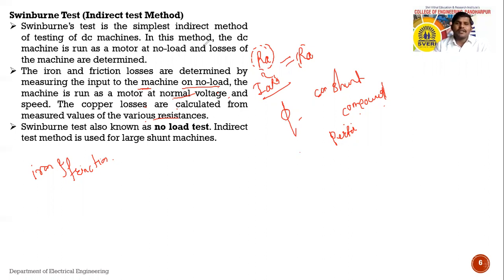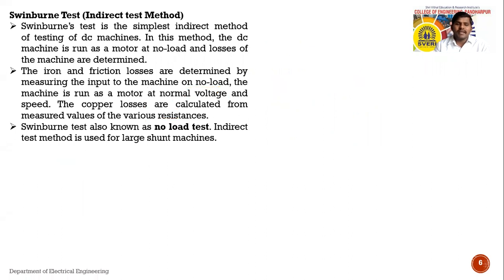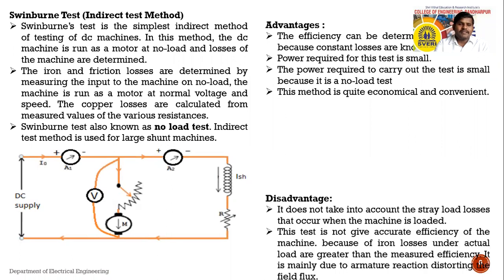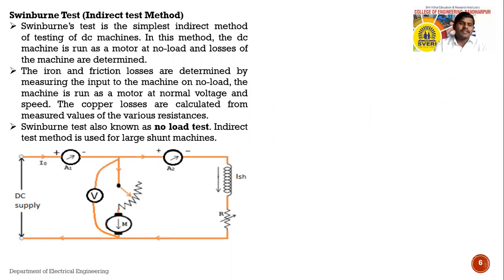The DC shunt motor and DC compound motor qualify, because their flux phi remains constant. On that machine we are performing this test, the Swinburne test.